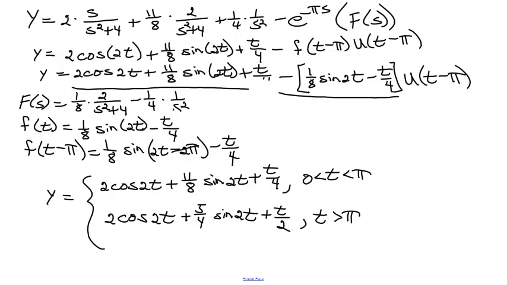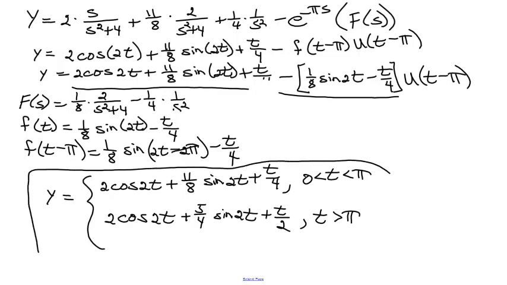Right, now let's look back and make sure that we've done that right. So we had our 1/8 sine 2t minus t over 4. And then we had to subtract both of those terms. So it was the same as adding t over 4 and subtracting 1/8 sine 2t. So this is how we want the final answer to be written in terms of the piecewise function.